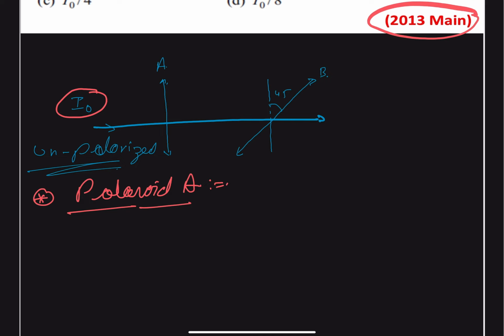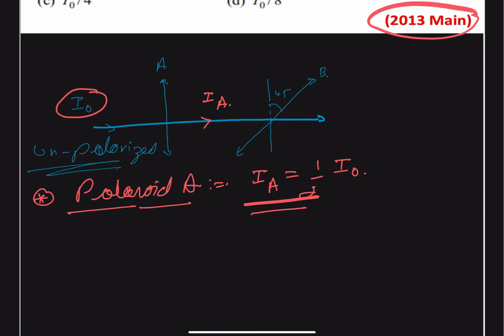Polaroid A is going to reduce the intensity of the transmitted light by a factor of 1 by 2. So here let us call this IA, then IA will be equal to half of I naught. This is the output of polaroid A.